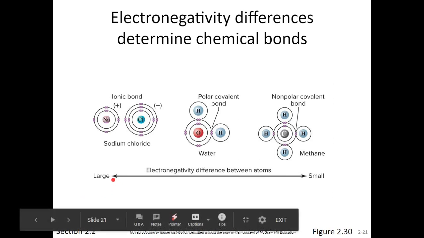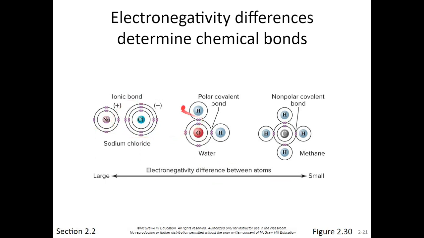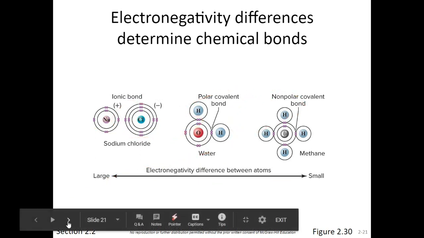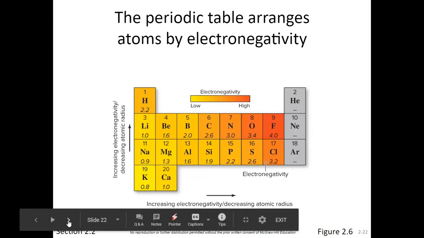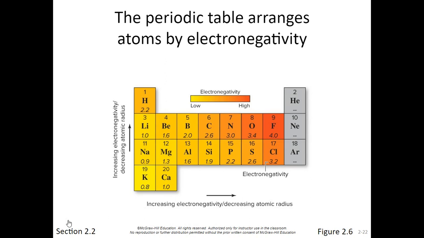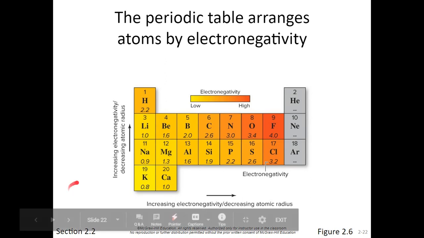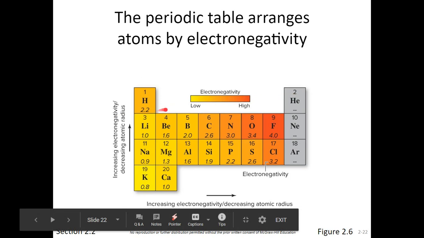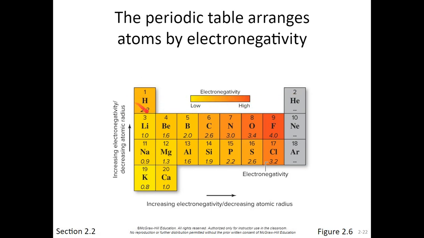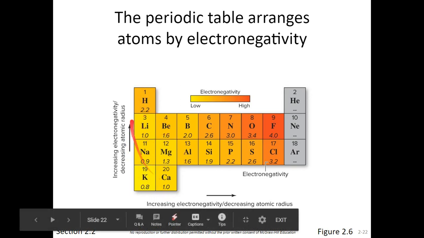You can see large and then small. Electronegativity differs, and we talked about how it differs. In the periodic table, when you move from left to right, there is a change in the electronegativity. Electronegativity was low, that means these were all positive, and then this side was very negative.